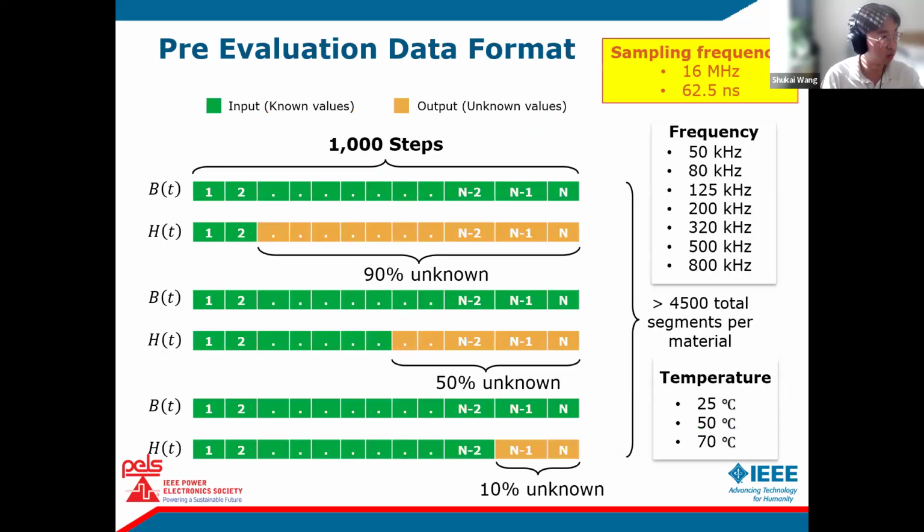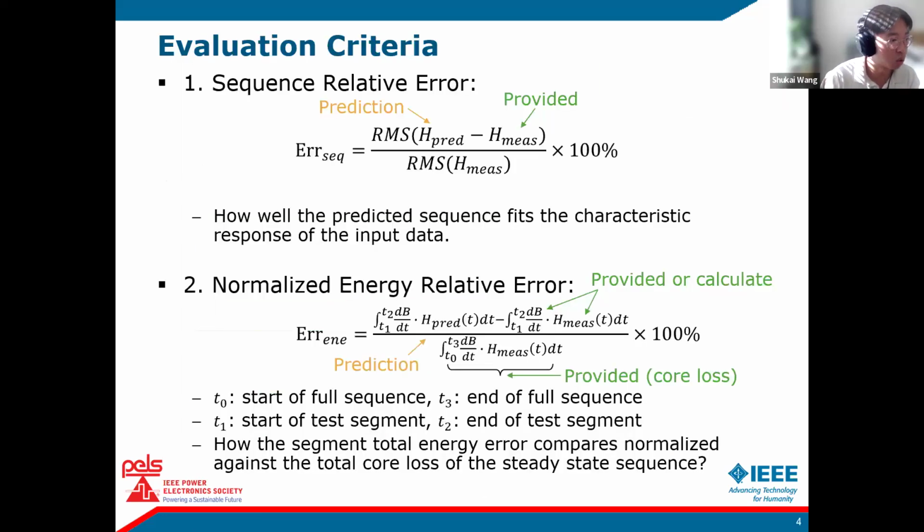Here we only provide you with 1,000 steps, but each one of these 1,000 step segments is part of a full quasi-steady state sequence. So the core loss we're talking about is the total energy of that full length quasi-steady state sequence. This way, we can have a good sense of whether your energy makes sense when you evaluate it against this specific material.